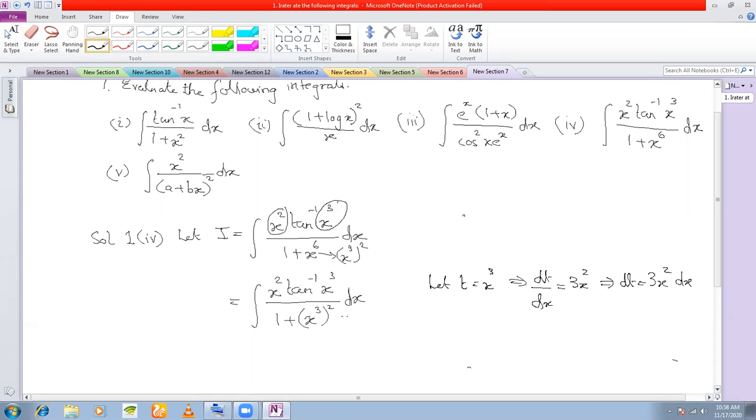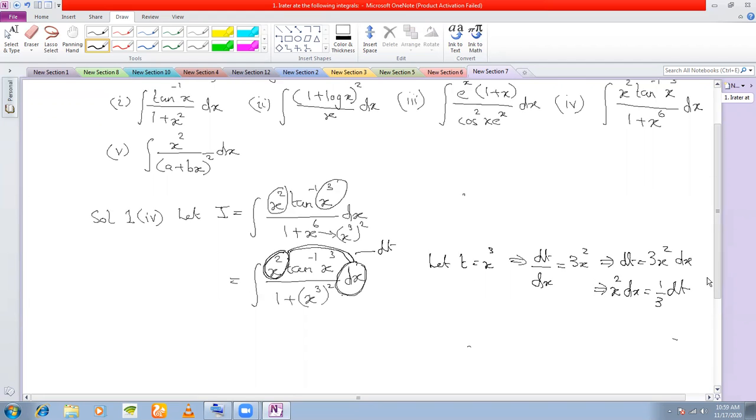Now if you see in the numerator, do you have x square dx? Yes, you have. So x square dx can be written as 1/3 dt, right? So both of these, x square and dx, will combine to give you a dt.